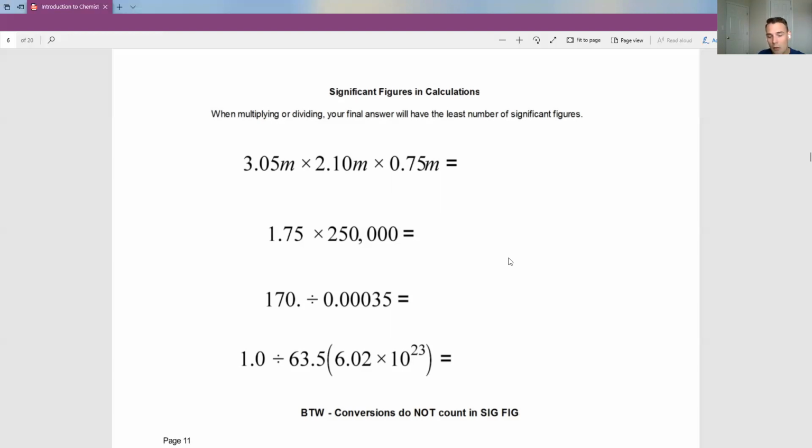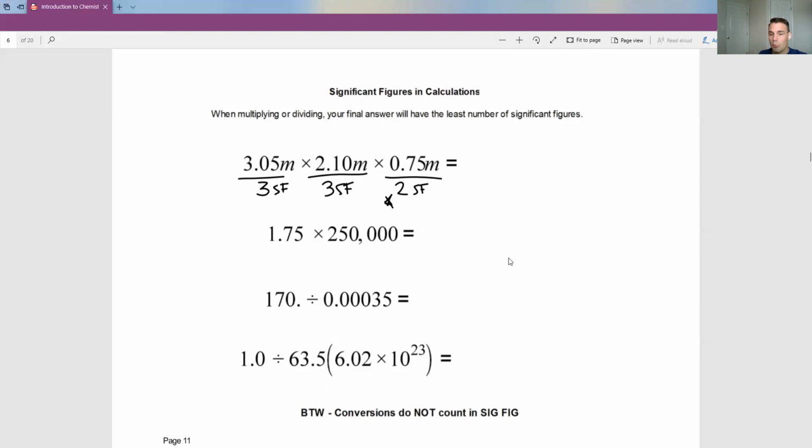So here I've got all multiplication and division problems. I'm going to see how many sig figs each number has. This, 3 sig figs. 2.10, 3 sig figs. 0.75, that's 2 sig figs. My final answer is going to need 2 sig figs because that's the least number of significant figures.